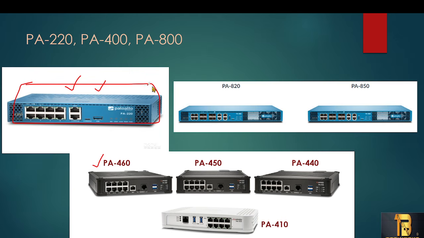And if your branch grows, let's assume you have a company with 50 users. In that case your network will have less traffic, right? At that time you purchased a PA 220 or PA 400 firewall. Now your company has grown, and you have recruited 100 or 200 employees. Now these firewalls are not handling your traffic.